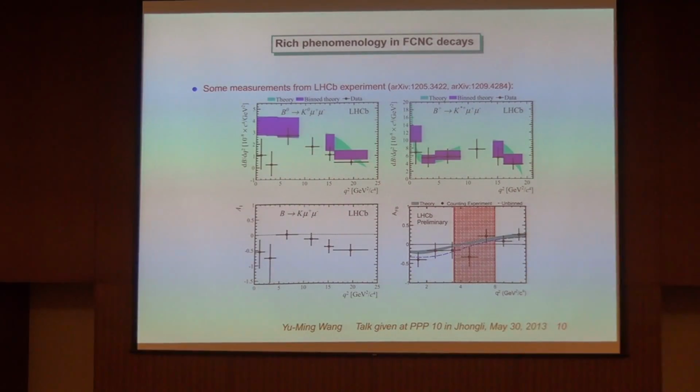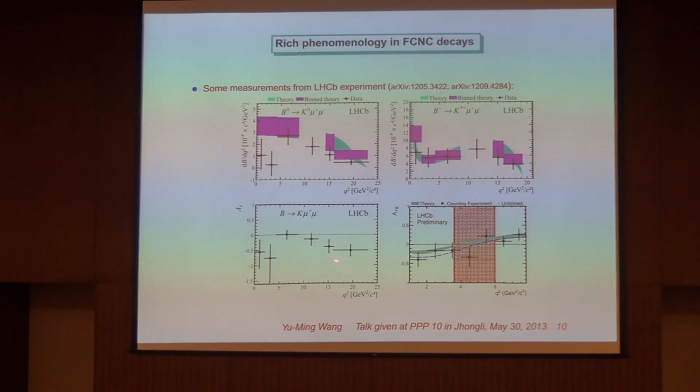And these decays are actually very important and have very rich phenomenology from the experimental side, and here I show some recent measurements from the LHC. From the theoretical side, we couldn't provide too much information here.